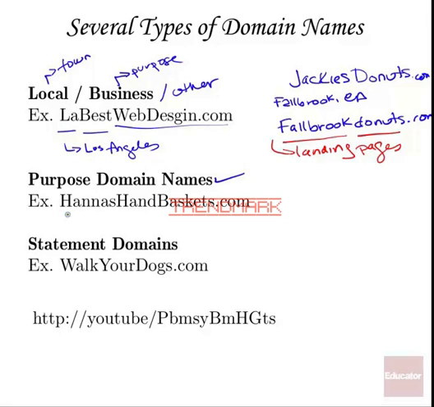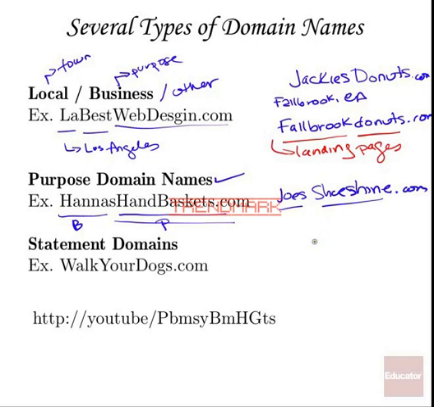In other words, Hannah is a business name, Handbaskets is the purpose. So we've got the business name, and then we've got the purpose: Hannah's Handbaskets. You can put, I don't know, Joe's Shoeshine.com. Again, Joe is a business, Shoeshine is a purpose.